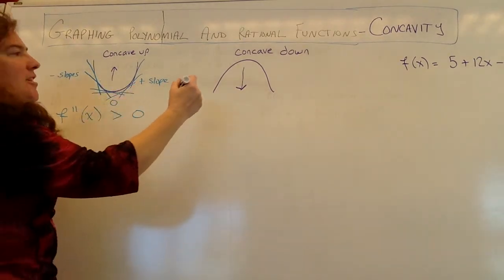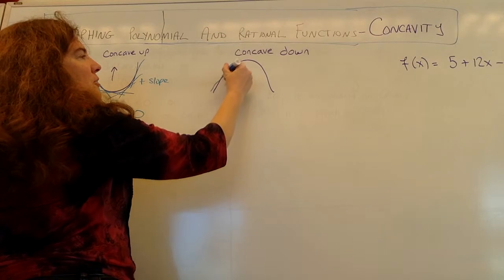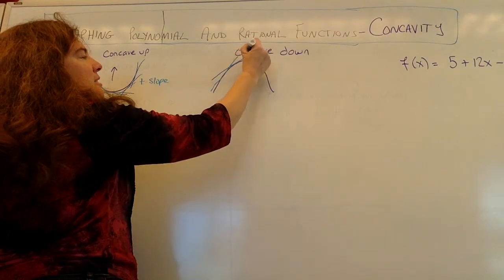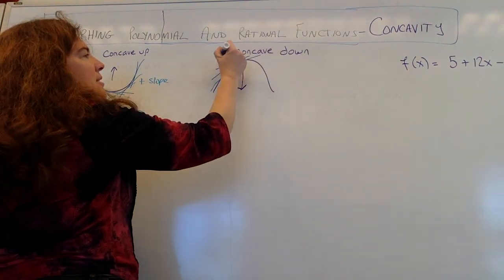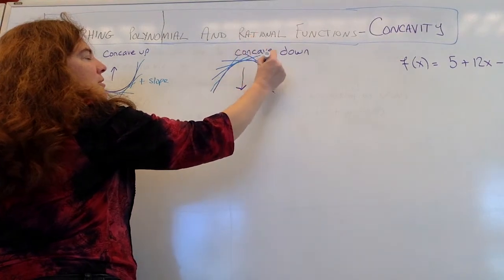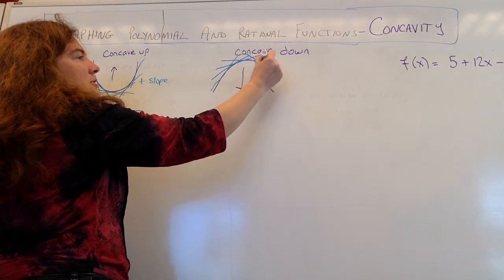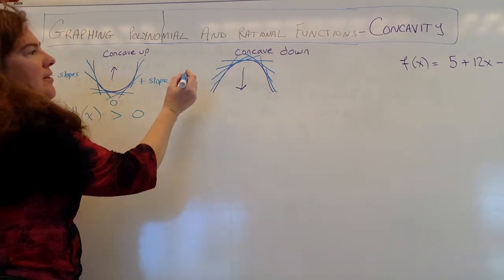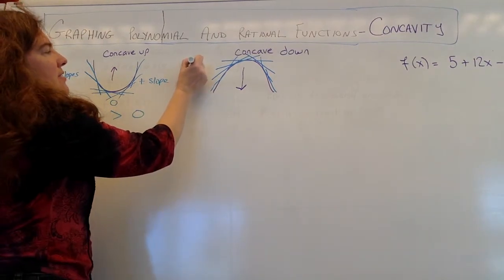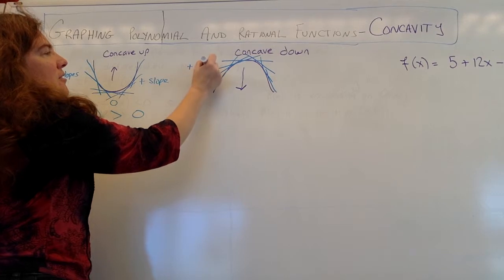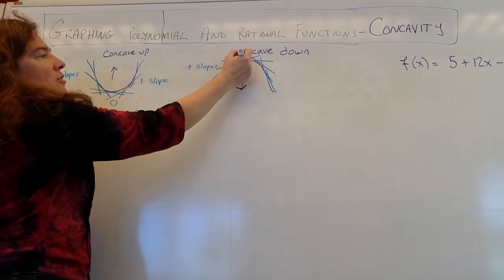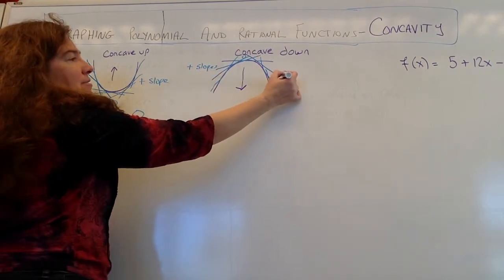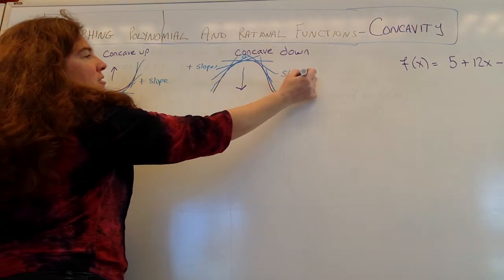Where my function's concave down, what do you notice about the slopes as I move from left to right? They go from positive slopes to 0 to negative slopes. So what does that mean?